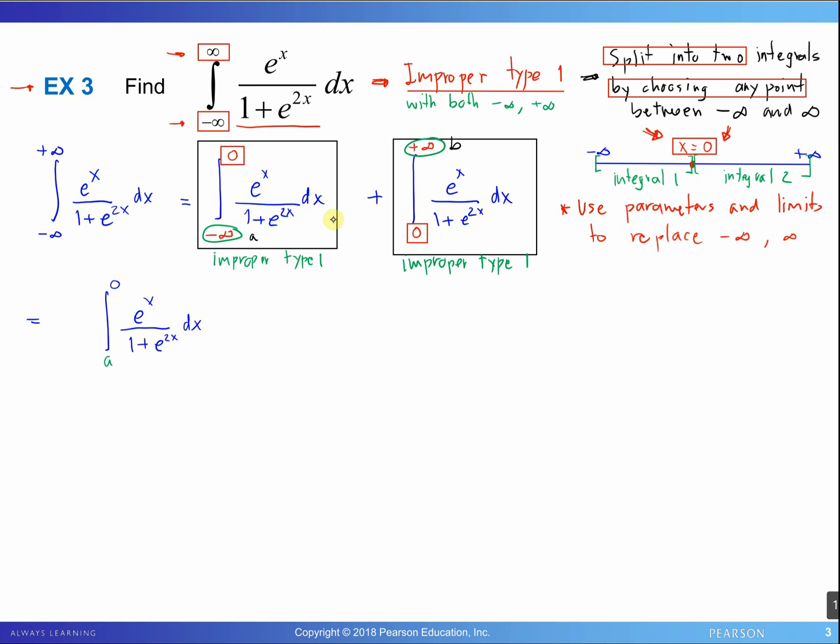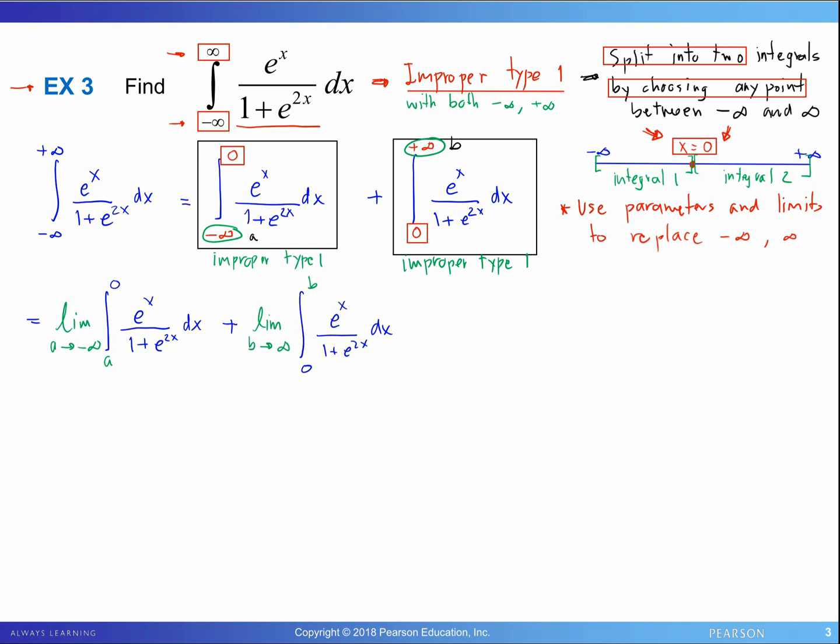And we have the limit at the front to tell a to go to negative infinity, plus the second integral, same function, e to the power of x divided by 1 plus e to the power of 2x dx. And now we integrate from the starting point, the point that we chose, 0, to the endpoint, which is now a parameter b. And once again, we have a limit right here to tell b to approach positive infinity.